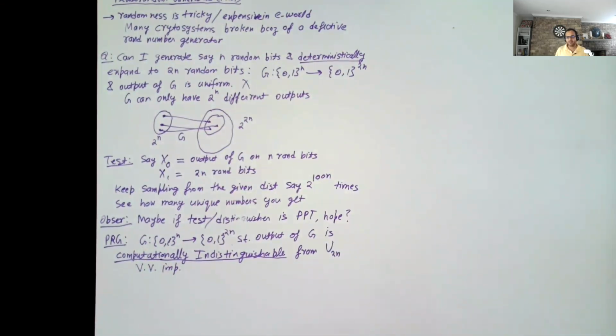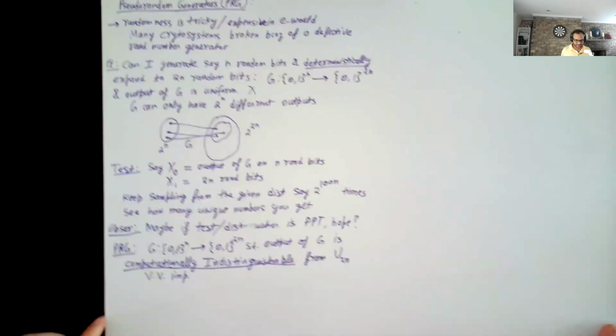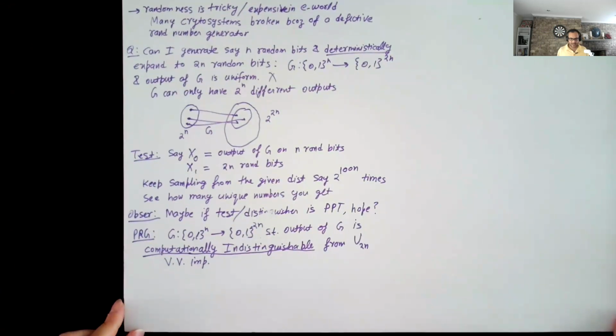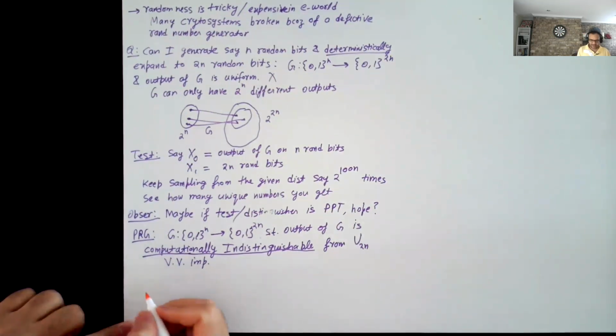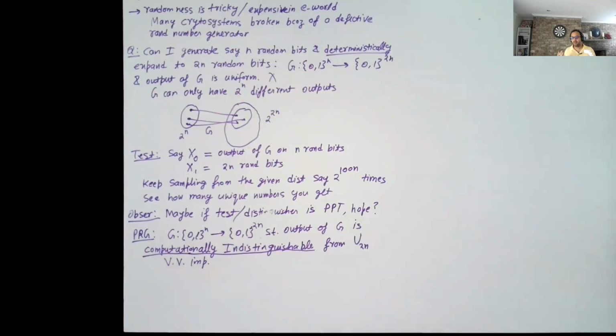So now let me try to define what computational indistinguishability might mean. And for that, I will try to remind you of the definition of a distribution and what I mean by two distributions being identical.